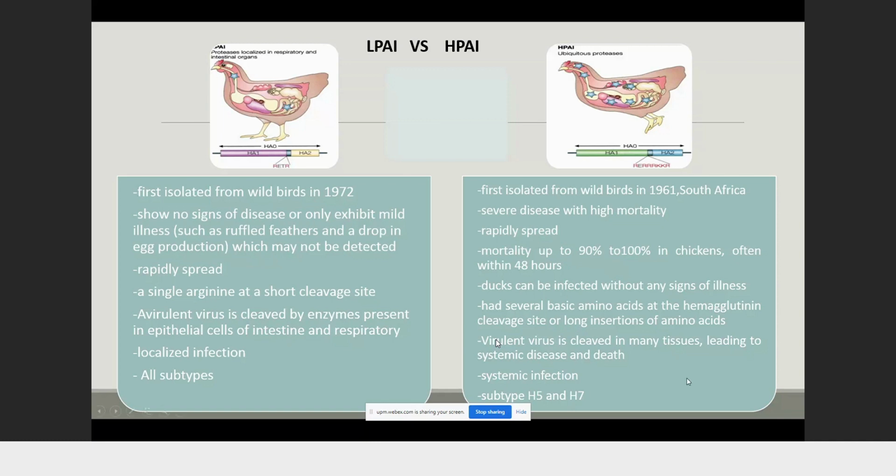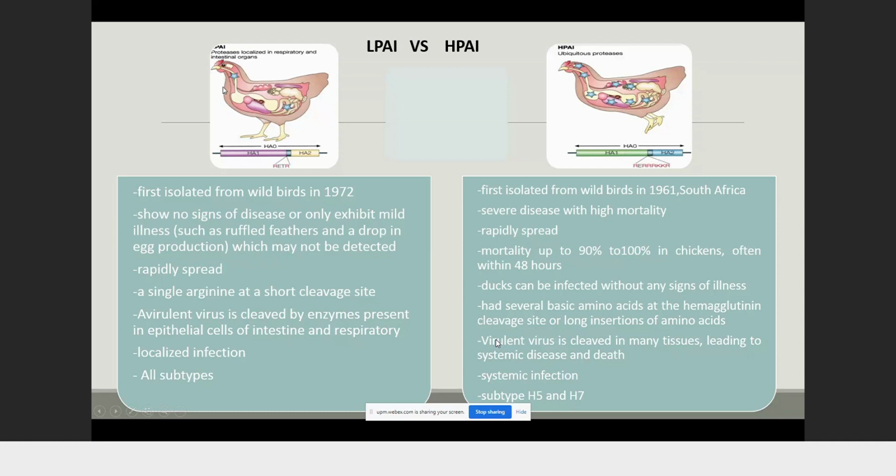How does this mild or severe manifestation happen? In low pathogenic avian influenza, it is mild because there is only a single cleavage site for protease. The moment low pathogenic avian influenza enters the host, the chicken, only a single cleavage site is present, localized at the upper respiratory tract.